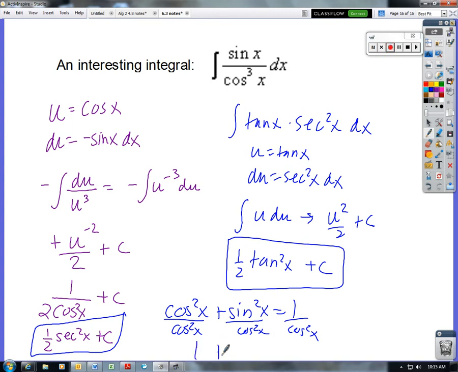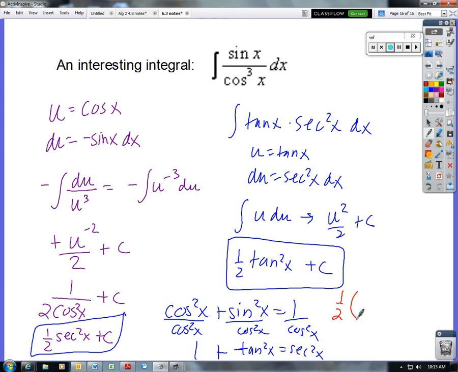So I've got 1 plus tan squared equals secant squared. So that means I could rewrite secant squared here. I could replace this with 1 plus tan squared.